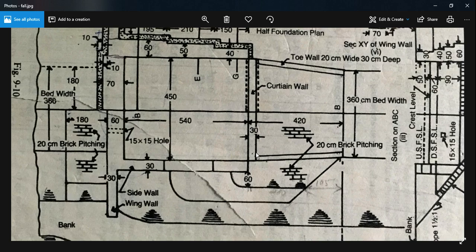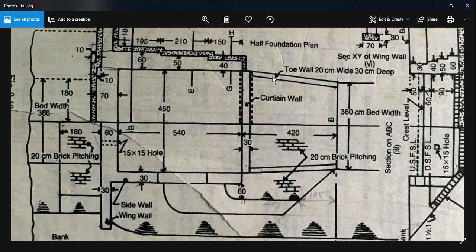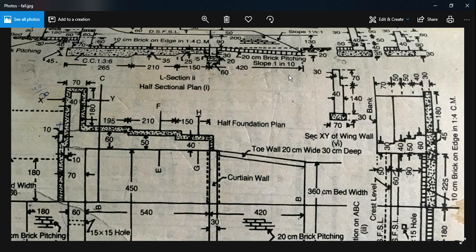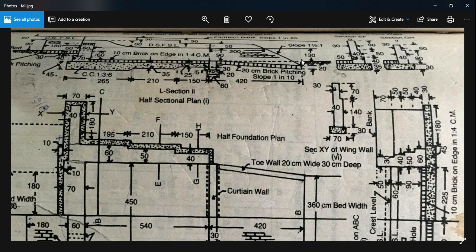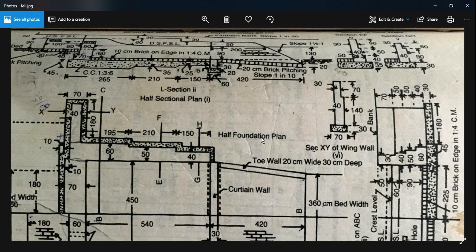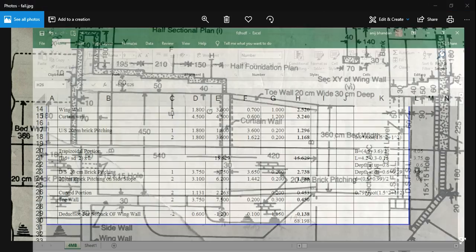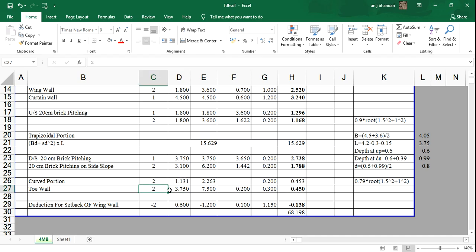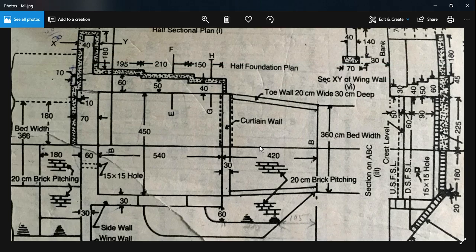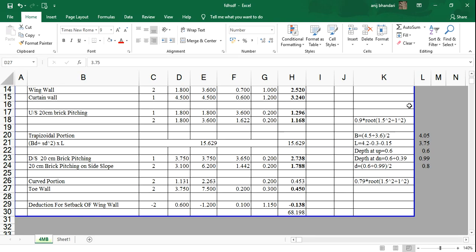Now for the toe wall, we calculated orthogonal excavation for the trapezoidal portion over here, that means we calculated the quantity for this portion, but we haven't gone 30 centimeter deep. That means we haven't done it for the toe wall. So for the toe wall, the length again is the length from here to here, as we calculated here, the same 3.7, and because it's on both sides, 2.